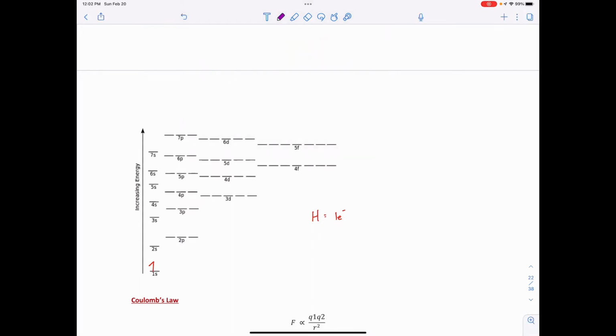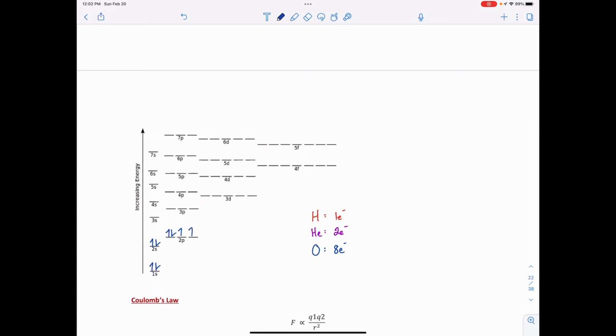If I had helium with 2 electrons, the first one gets filled there, the second one there. Then my third example, oxygen with 8 electrons: the first, second, third, fourth. Notice this time I'm not going to fill the 2p's yet, because I fill from the lowest and up. So 1, 2, 3, 4, and then 5, 6, 7, 8.